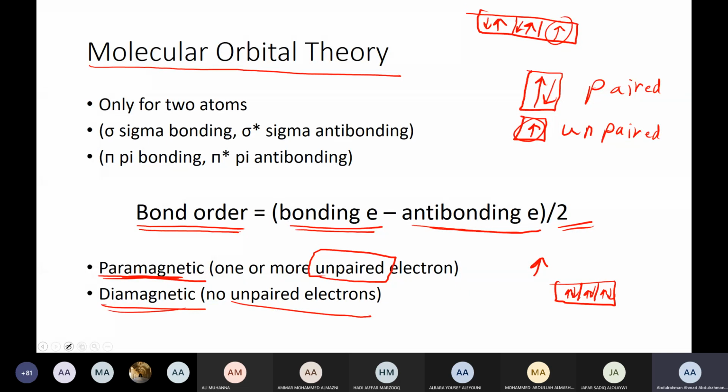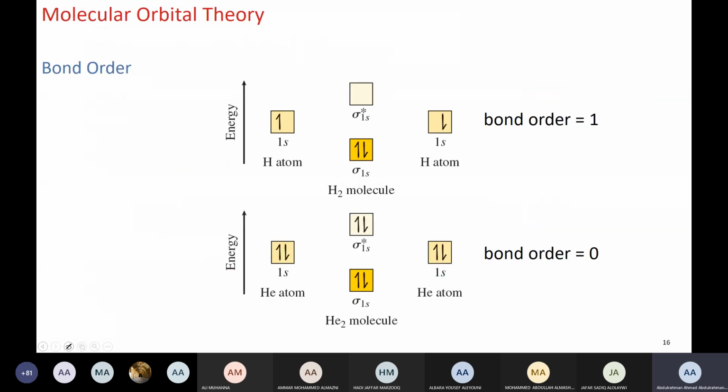Very good. All right. And I told you to memorize the molecular orbitals for 3 groups only. The first group is for hydrogen and helium. The shape that you must memorize: sigma 1s, sigma 1s star. That's it. And then calculate how many valence electrons you have.